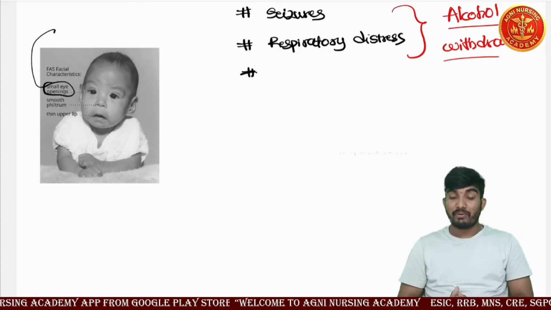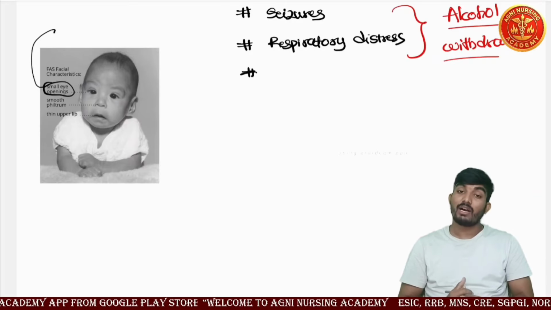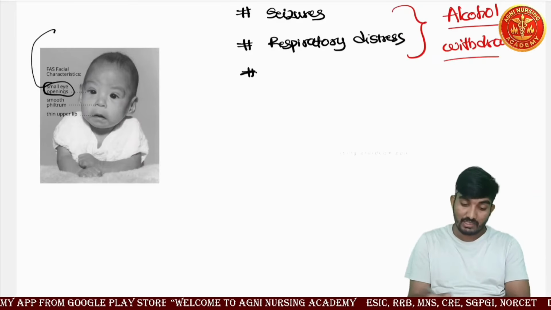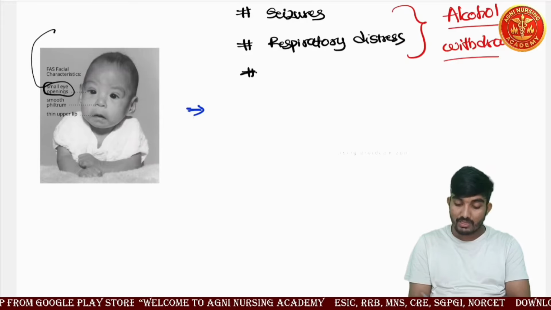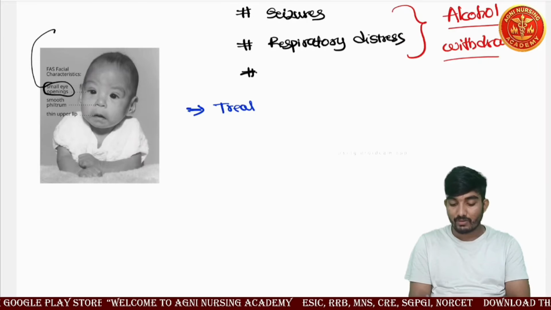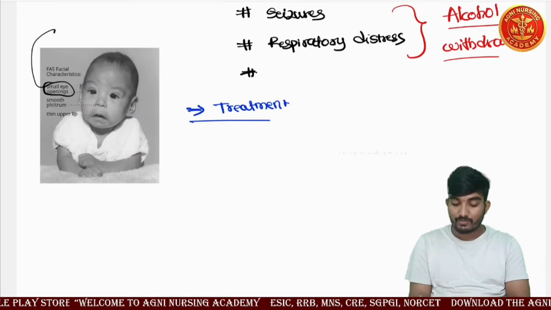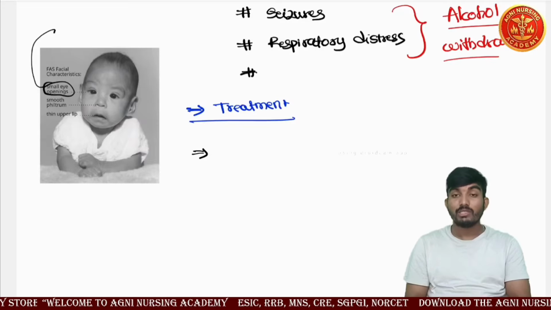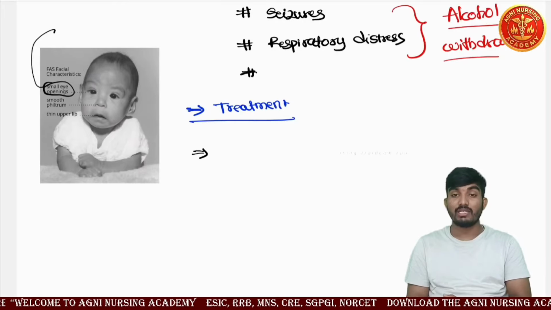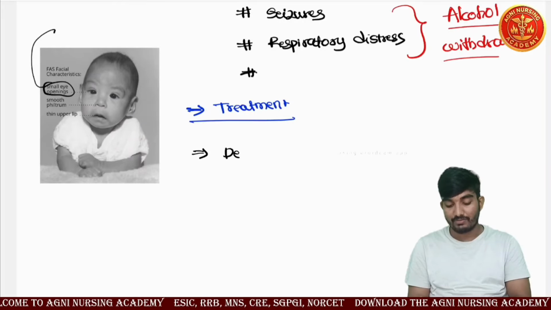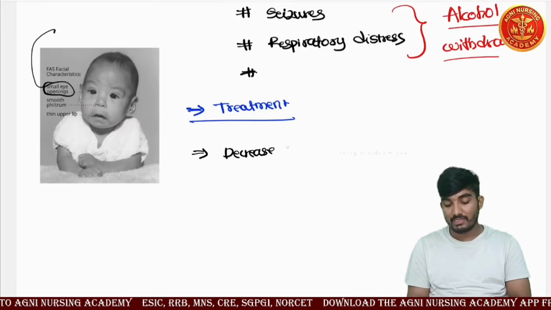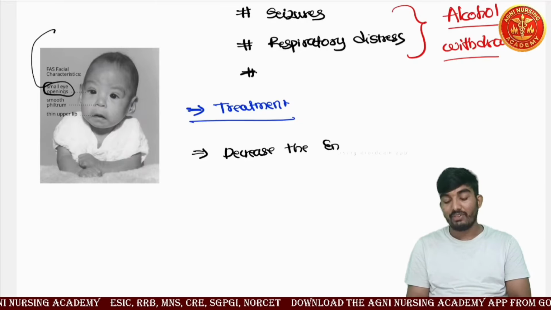How can we prevent this? What is the treatment we can give in this case? The treatment is to control the seizures. We have to decrease the environmental stimuli.